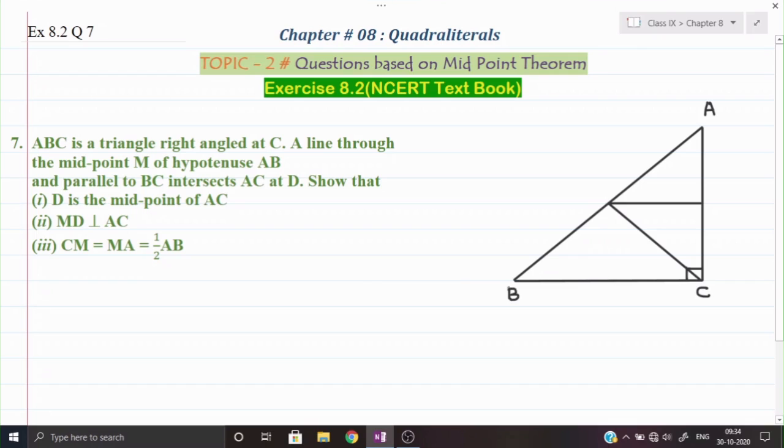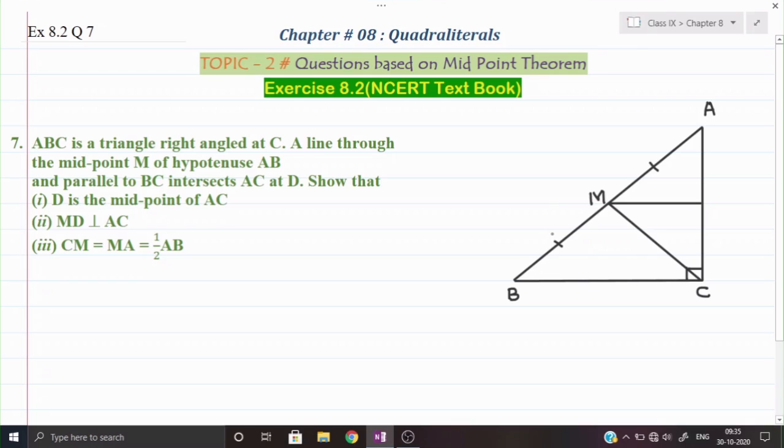Now what they are saying further: a line through the midpoint M of hypotenuse AB. Means M is given as the midpoint of the hypotenuse AB, so we can say that AM and BM will be equal.